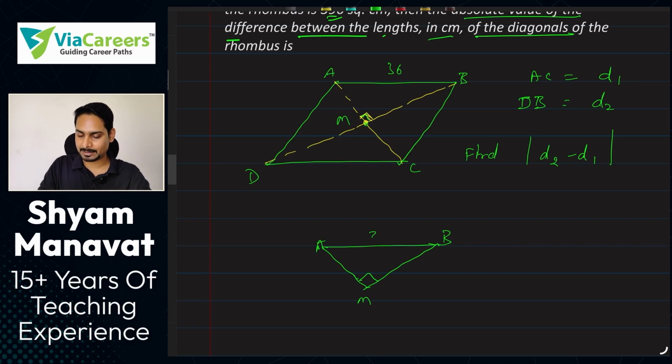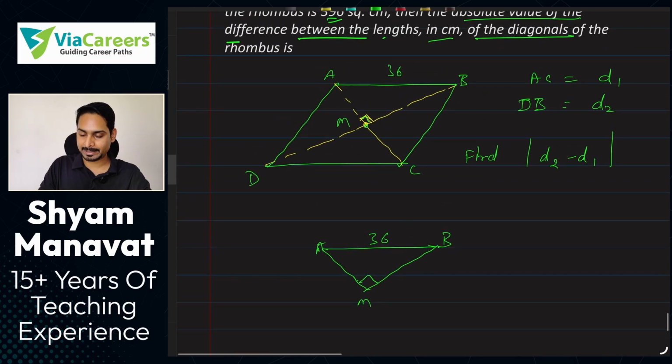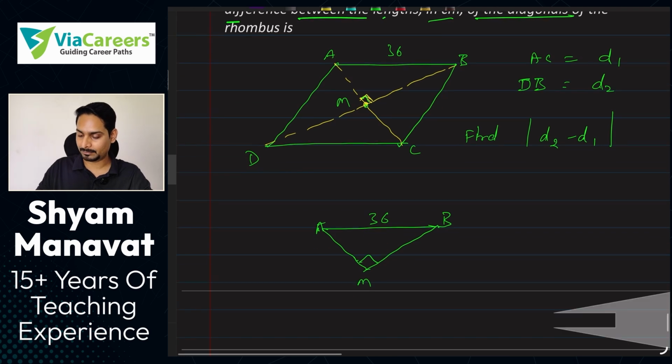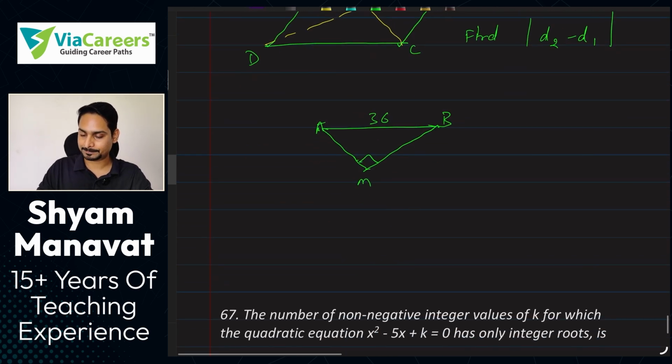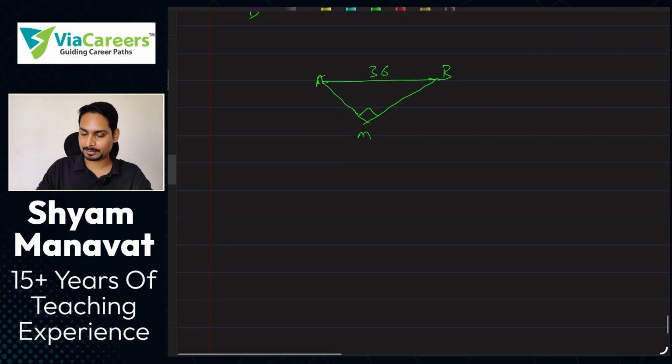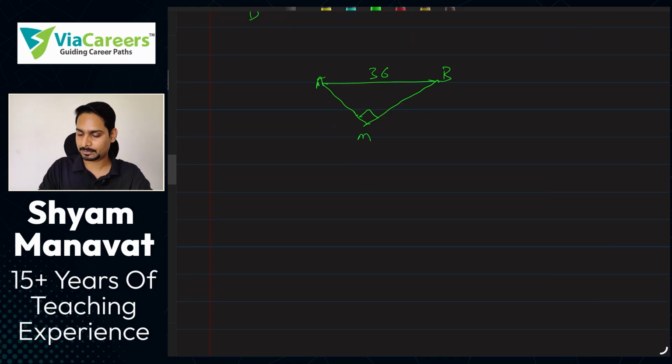This is 90 degrees, and 36. So AM is half of the diagonal 1, which is half of AC.